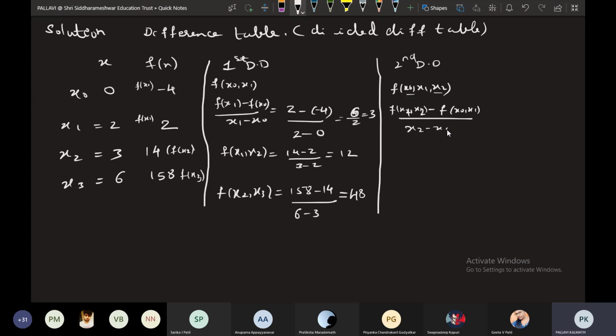So how much will this be? The second value is 12 minus 3, divided by x2, which is 3, minus x0, which is 0. So 12 minus 3 is how much? 9. 9 by 3. Okay.